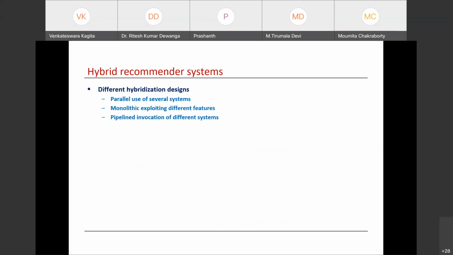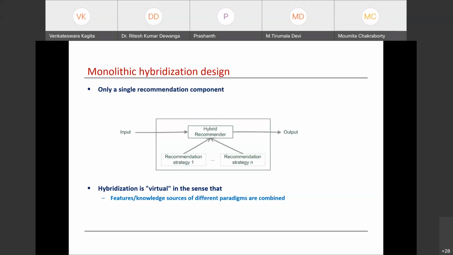These are the three most popular hybridization designs: parallel use of several systems, monolithic exploitation of different features, and pipelined invocation. In the monolithic design, the hybridization is virtual because the features and knowledge sources of different paradigms are combined.